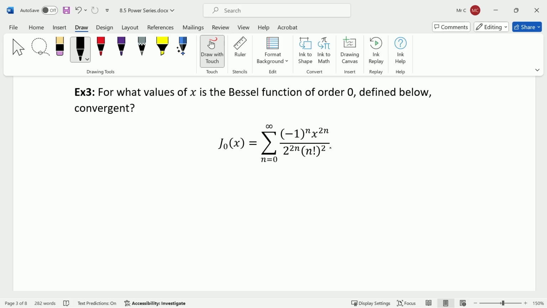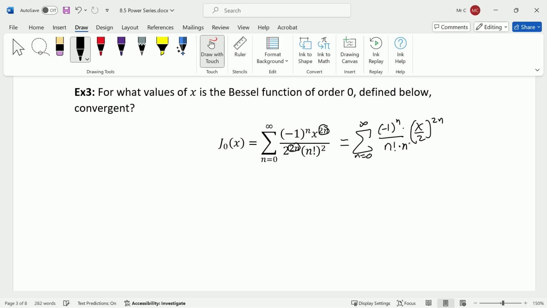Okay, so that's a whole lot there. One thing I'm going to do to reduce the complexity is rewrite it a little bit. The sum from n equals 0 to infinity of (negative 1) to the n times, and since x to the 2n and 2 to the 2n have the same power, I can write that as (x over 2) to the 2n, over n factorial times n factorial, instead of writing n factorial squared.